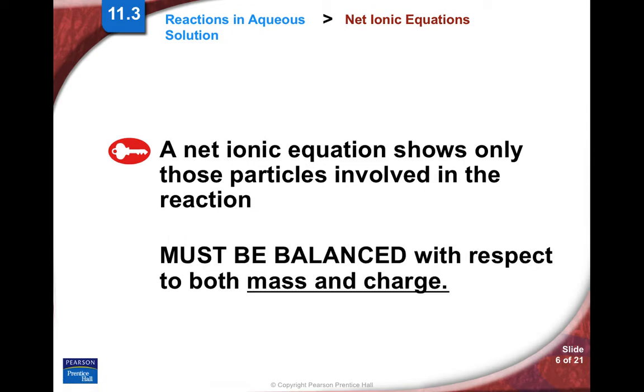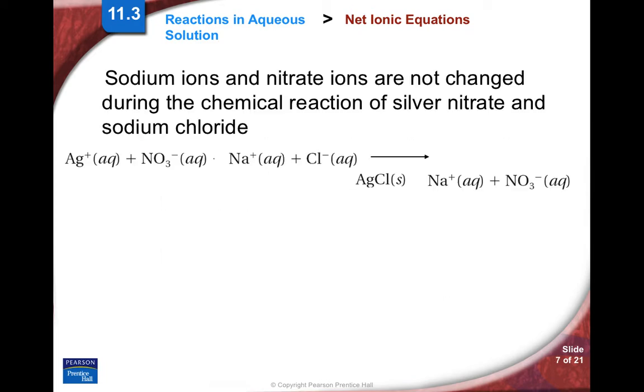Now, you also have to watch out with ionic compounds. Again, you have to make sure that mass and charges are balanced, same mass on both sides, zero charge, all that kind of stuff. So if you paid attention in January and early February, you're going to be having an easy time with this. So here's our equation again. Silver nitrate, sodium chloride, silver chloride, and sodium nitrate.